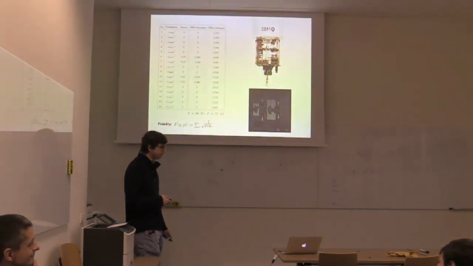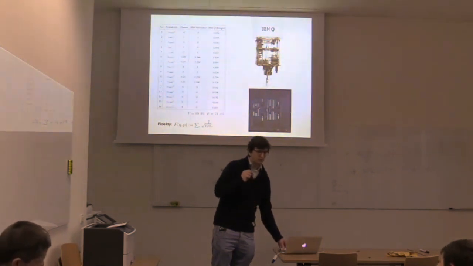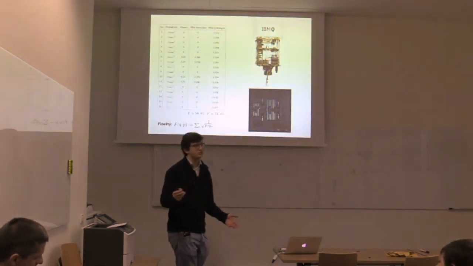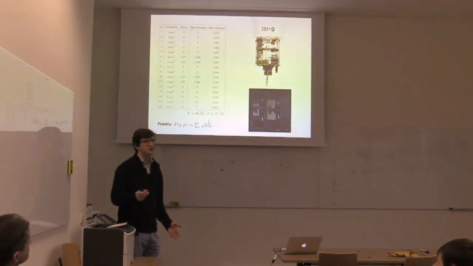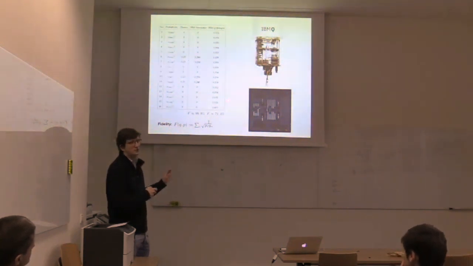Yeah, one shot takes something like microseconds. But in the open access version of the IBM Q computer, you can perform 128 shots at most, so you have an upper limit on the number of shots. These results were obtained by taking basically 1,000 shots.